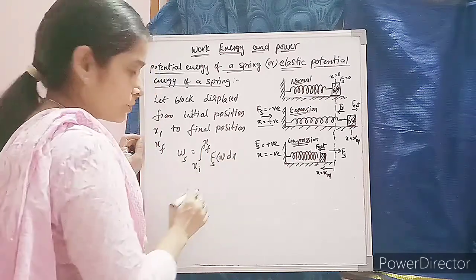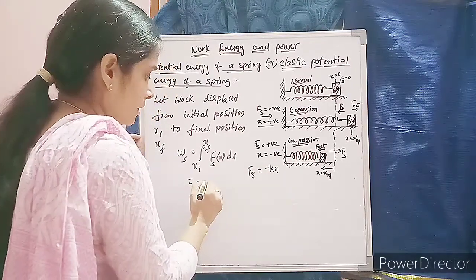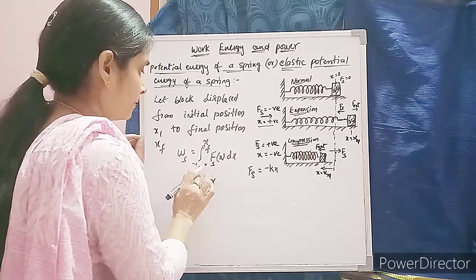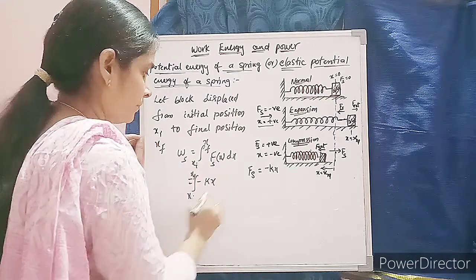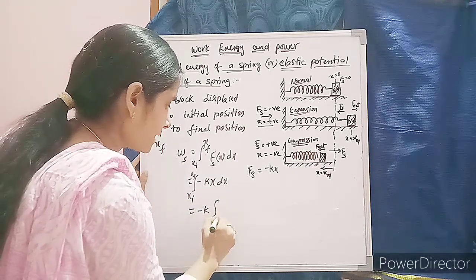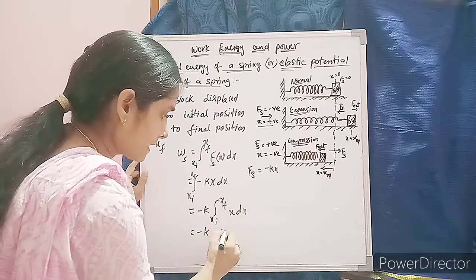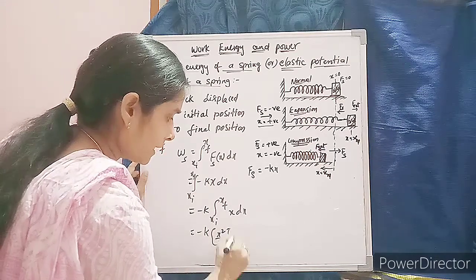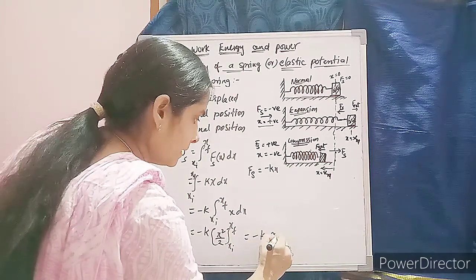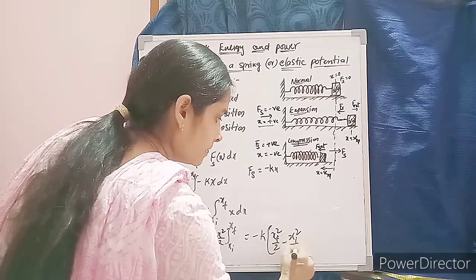Here it is the spring force. Now Fs is equal to minus kx, so it becomes the integration from xi to xf of minus kx into dx. It becomes minus k, integration from xi to xf of x dx. Now minus k, x square by 2 from xi to xf, which is equal to minus k, xf square by 2 minus xi square by 2.